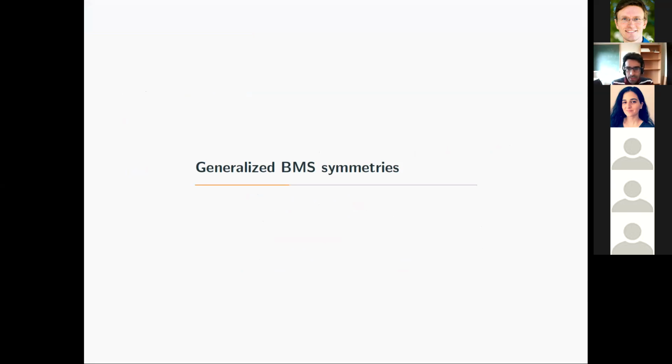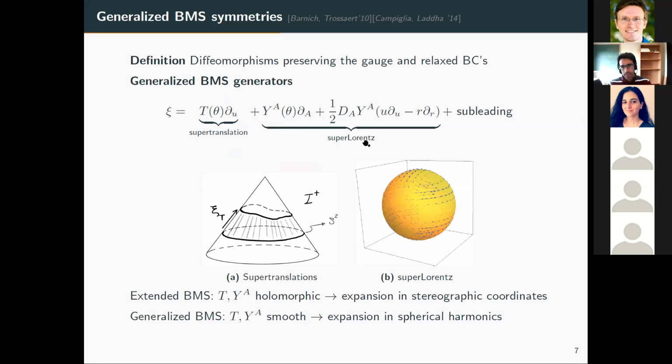Okay, now the BMS symmetries. BMS symmetries are by definition those diffeomorphisms that preserve the Bondi gauge as well as the boundary conditions. And in this case, I take the relaxed boundary conditions I mentioned. So what you find is the so-called generalized or extended BMS symmetries, which contain the supertranslations and the super Lorentz transformations.